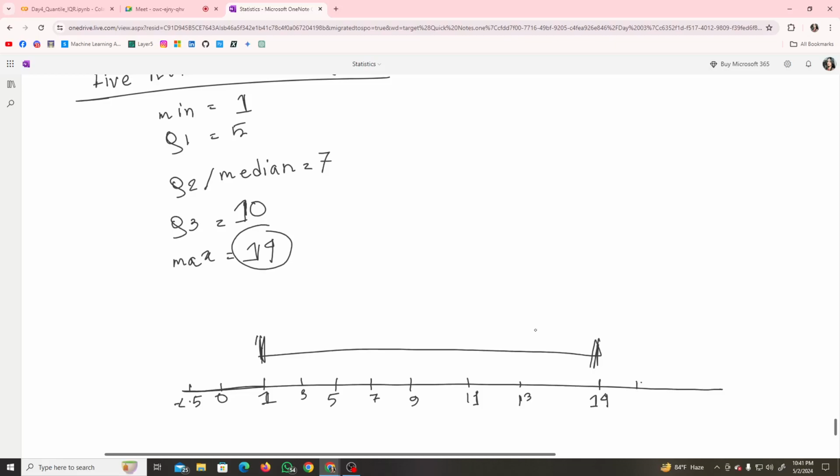And after 13, we have 15, and then we have 17.